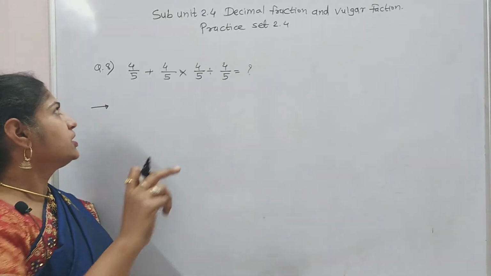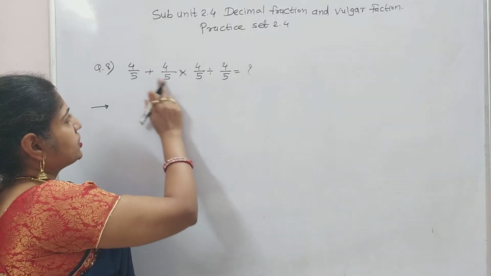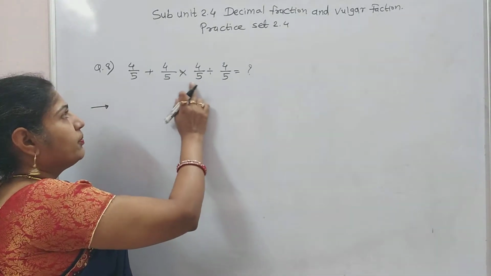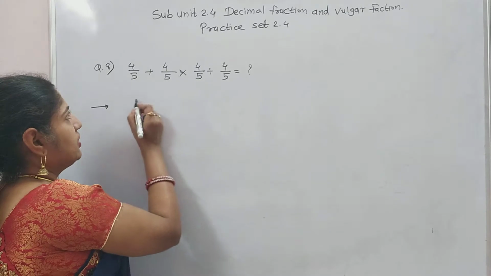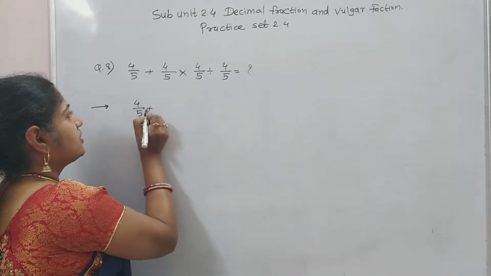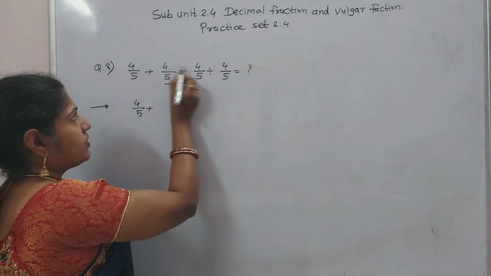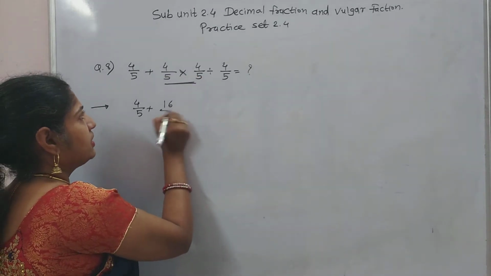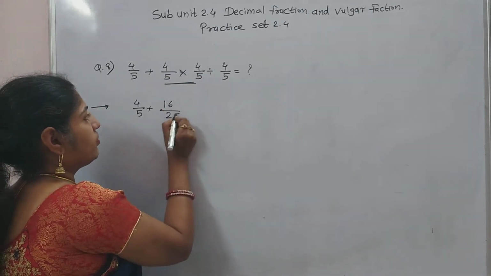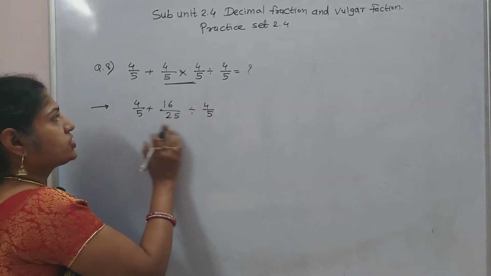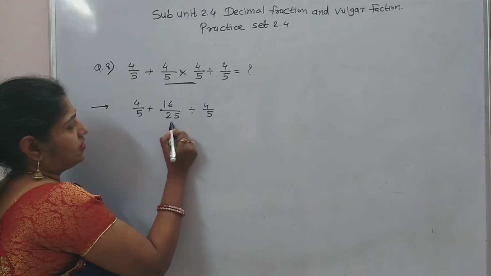Which operation is first, addition, subtraction or division? First do the multiplication, then division. 4 upon 5 plus, first do the multiplication. 4 fours are 16, 5 fives are 25 divided by 4 upon 5. Now which operation is done first?